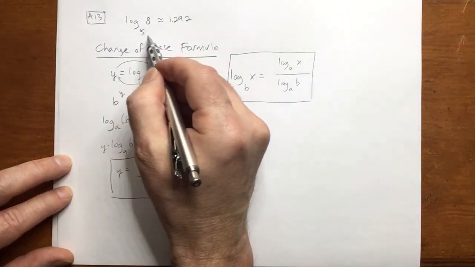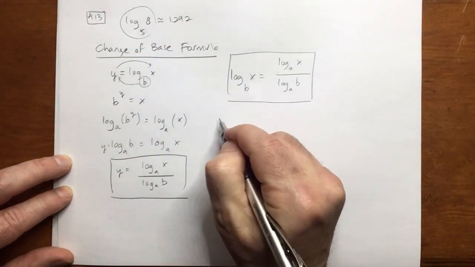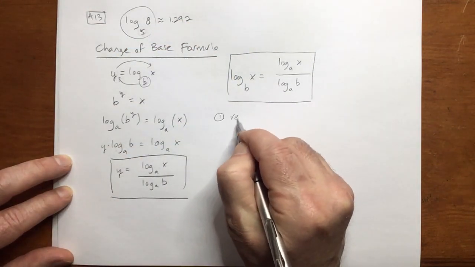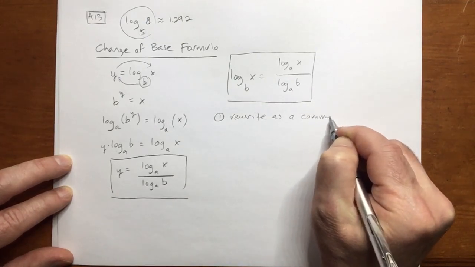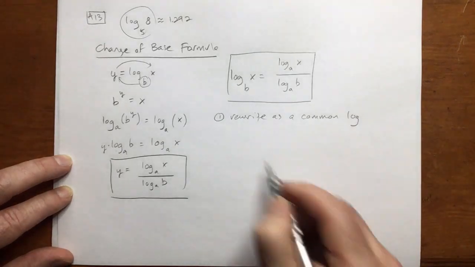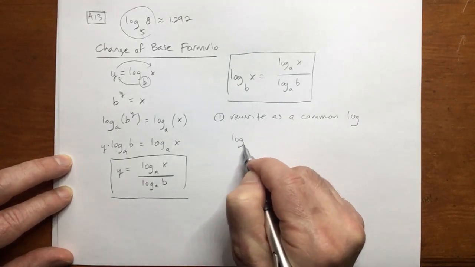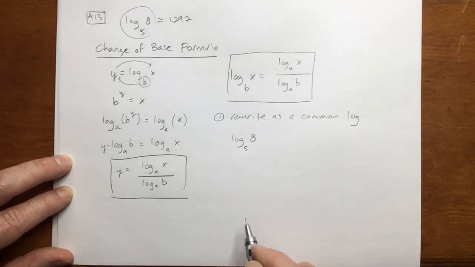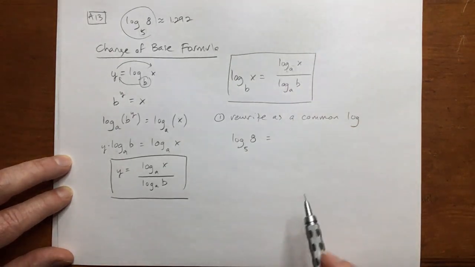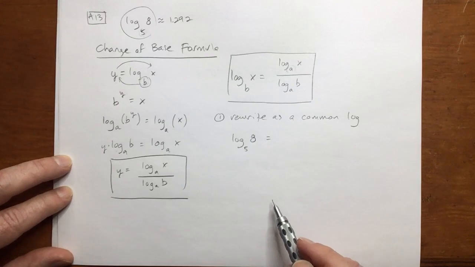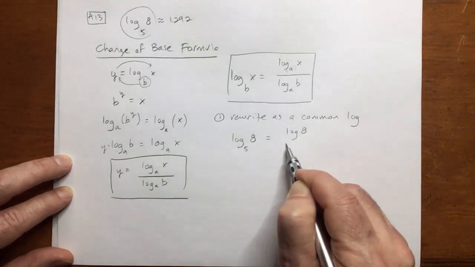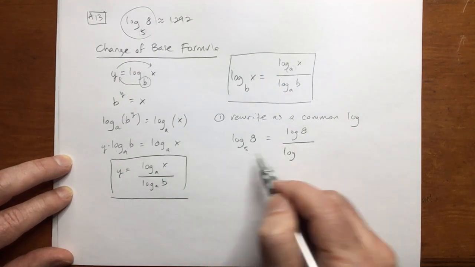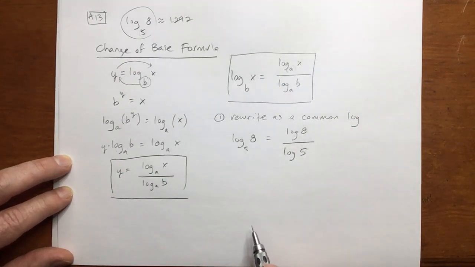So let's now take problem 1. Let's rewrite log base 5 of 8 as a common log. The base that I'm choosing is base 10. And so I have log base 10 of the high one over log base 10 of the low one.